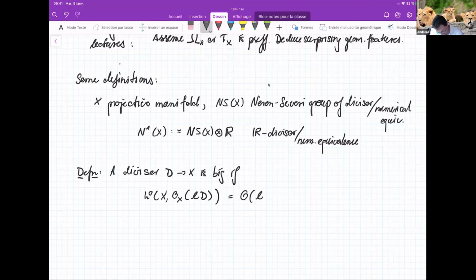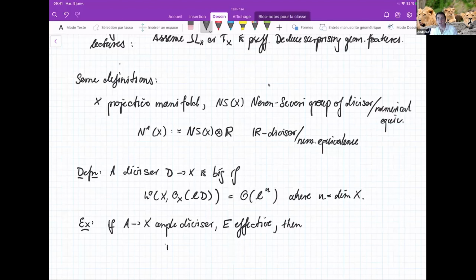Okay, so being big means that up to taking a multiple of your divisor, you will really get a lot of sections. And the standard example for this kind of situation is if you take A over X, some ample divisor, and you also take E, any effective divisor, then if you take the sum D to be A plus E, okay, so if you take something ample and you add something effective, then the sum has no reason to be ample anymore, but it's going to be big.